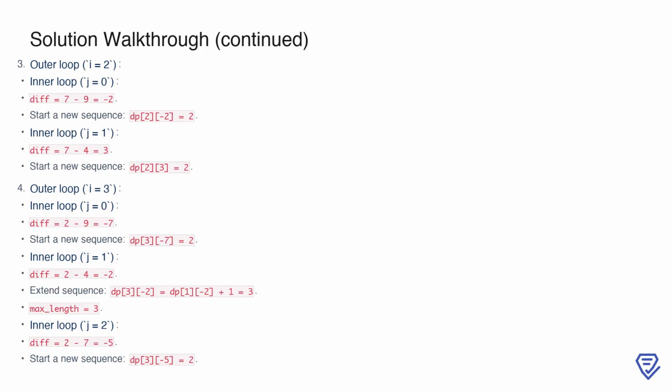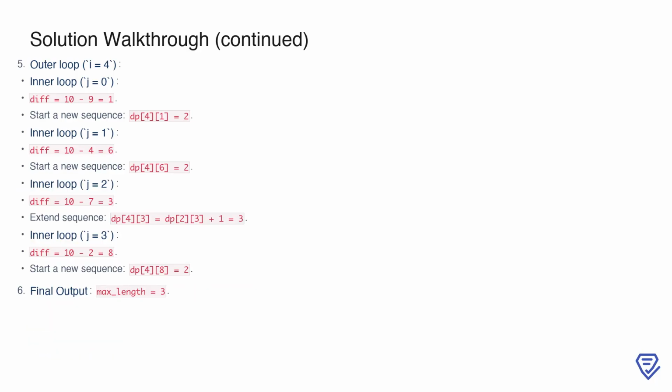So, we extend this sequence, updating dp[3][-2] to dp[1][-2] plus 1, which equals 3. This updates max_length to 3. With j equals 2, the difference is -5, which doesn't exist in dp[2], so we start a new sequence, dp[3][-5] equals 2.